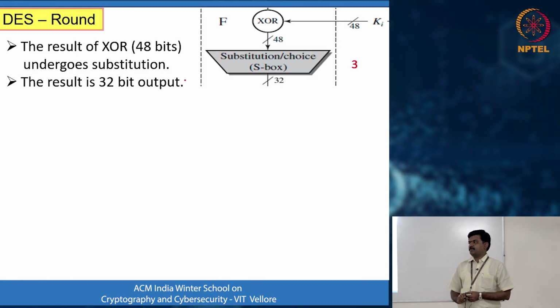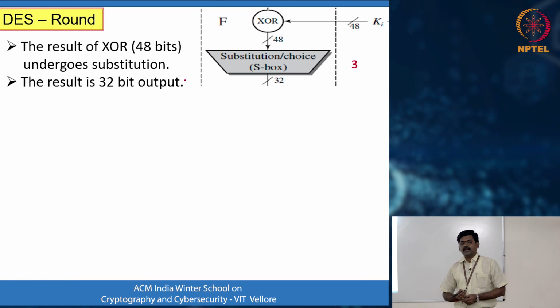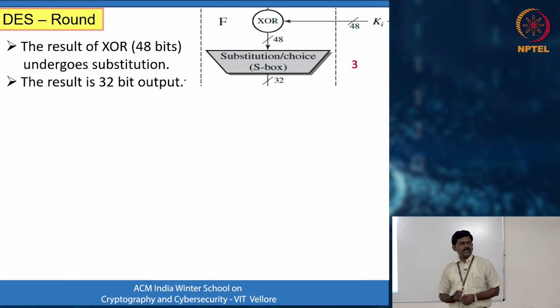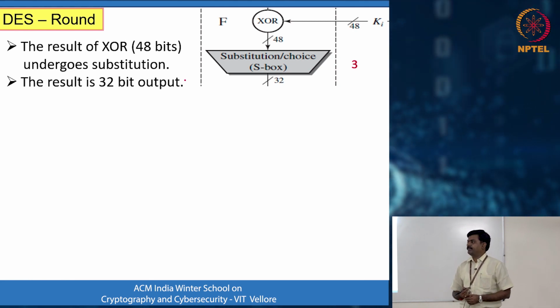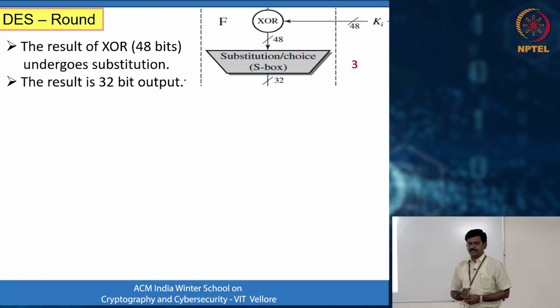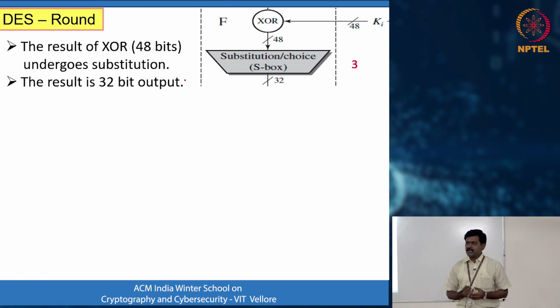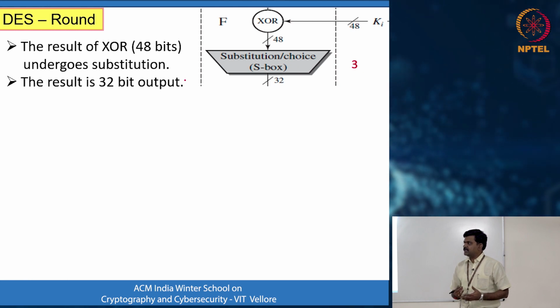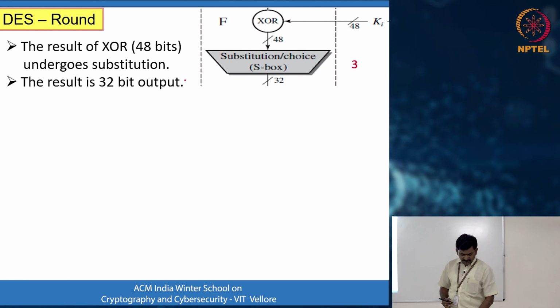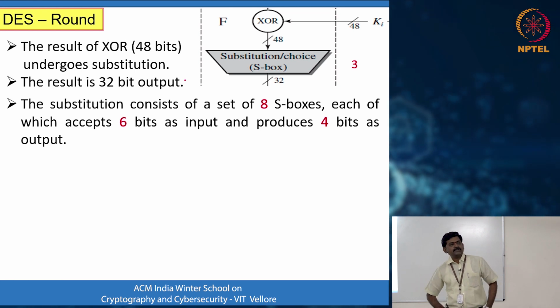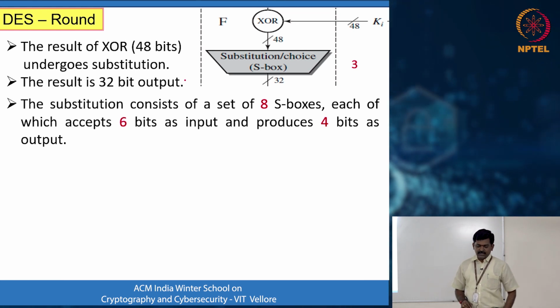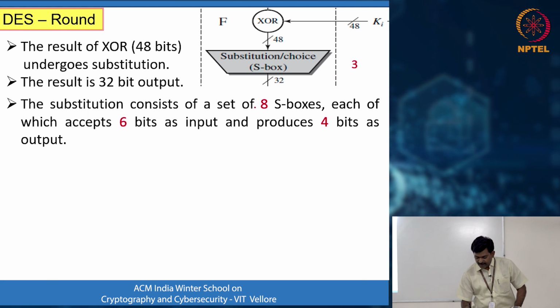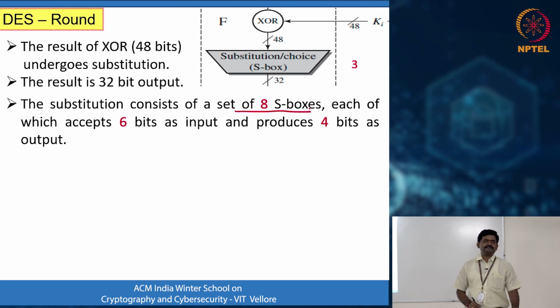So it is through the S box. The DES S box is the major core of the DES operation because this step brings nonlinearity into DES and makes DES more robust. The substitution operation is with the help of 8 S boxes.